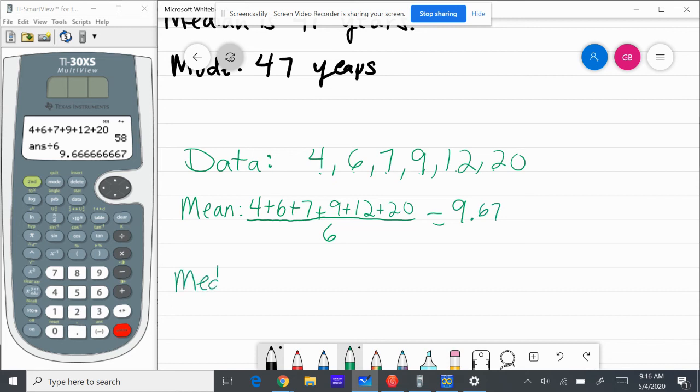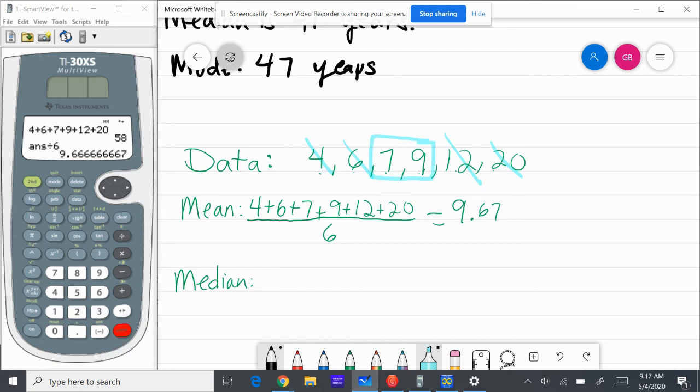The median is the number in the middle. And 4, 6, 7, 9, 12, 20, it's already in order. So I'm just going to work with the data how it is. So cross out 1 from each side. And then here, what happens, you're left with 2 numbers in the middle.